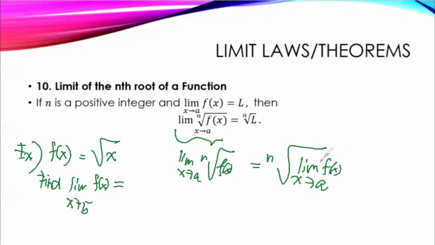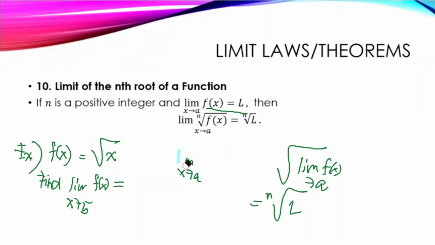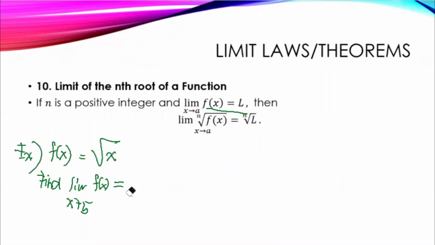And since the limit of f of x as x approaches a is L by the assumption, we have the nth root of L. That's why the formula is this one. The limit of the nth root of f of x as x approaches a is equal to the nth root of L. So we have to erase this one first. Let's erase.